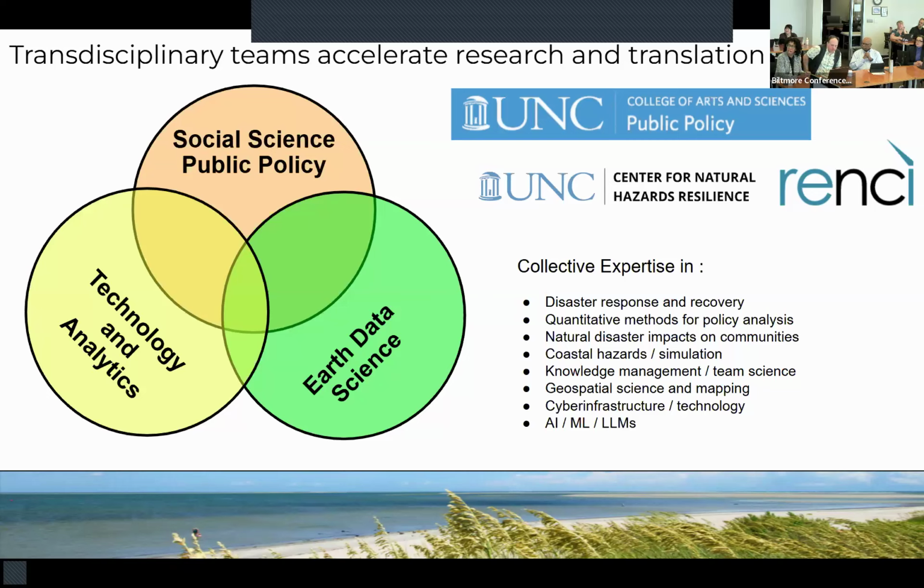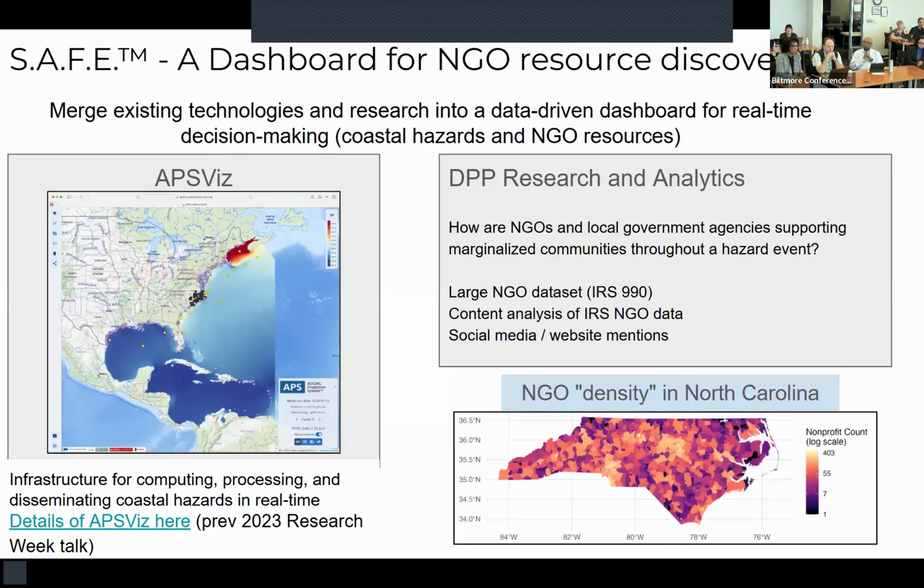So with this dashboard, next slide, please. We realized we had a slew of NGO data that had been pulled from tax information. There's about 1.7 million points that we have.